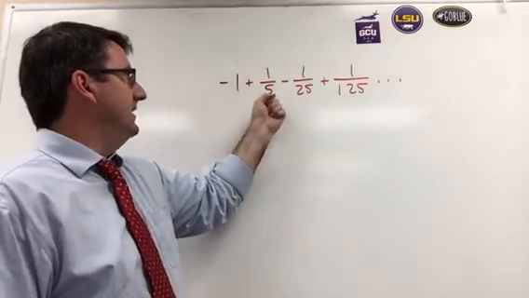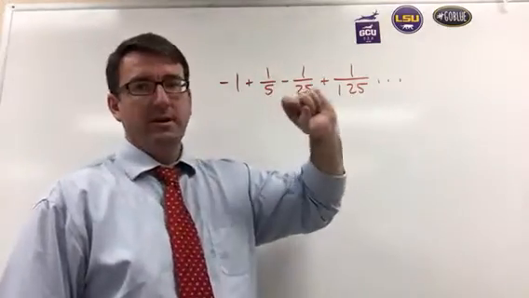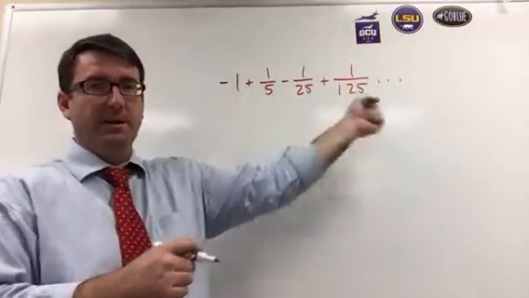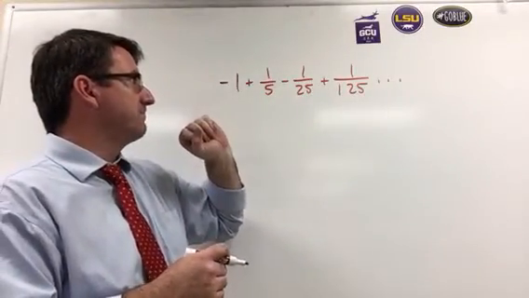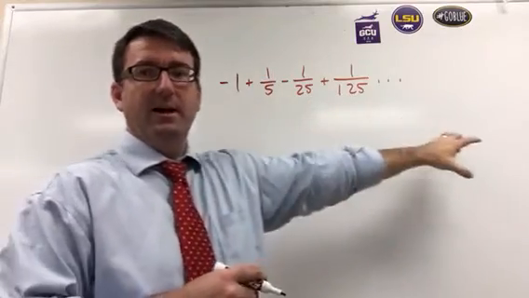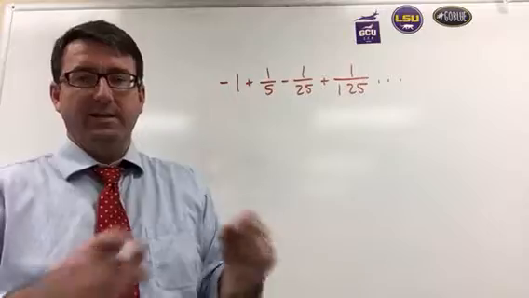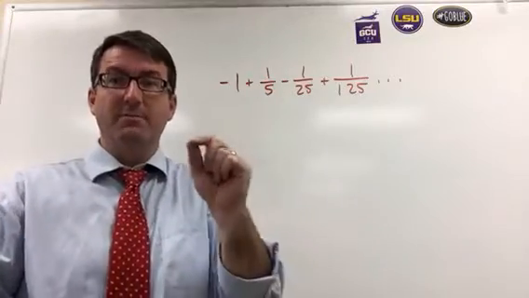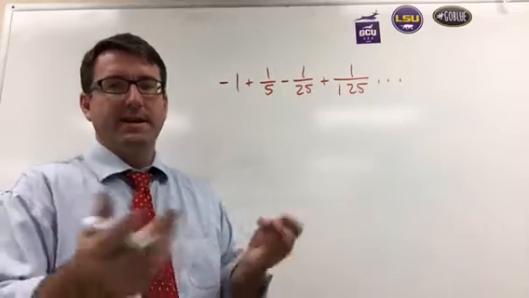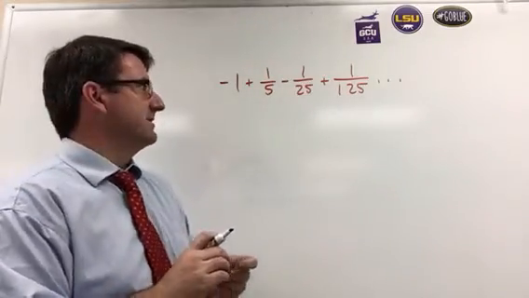But if the ratio is less than 1, so the numbers are getting smaller, and it's a geometric series, then we can add these all together. It's going to be getting closer and closer to some number at infinity, and we're going to say that is our sum.